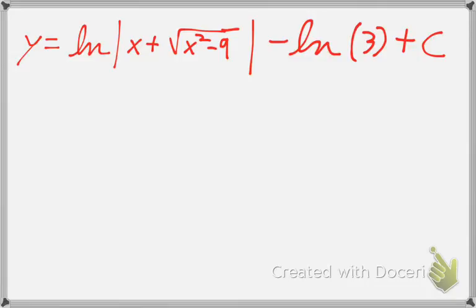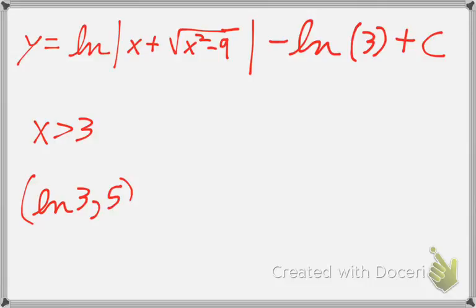Our original condition was that x is greater than 3 and that y is equal to natural log of 3. So using that we can plug in. Oh, sorry, I messed that up. It's actually x is equal to 5, and then y is equal to ln 3.